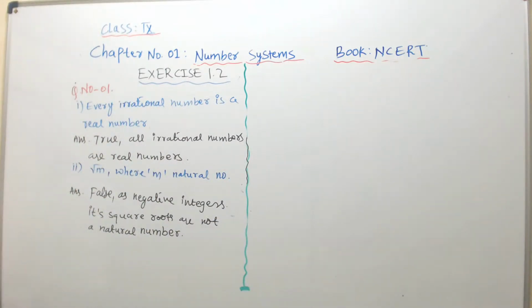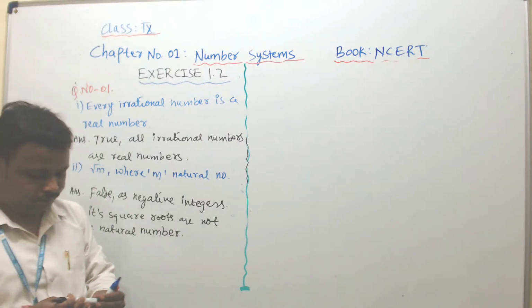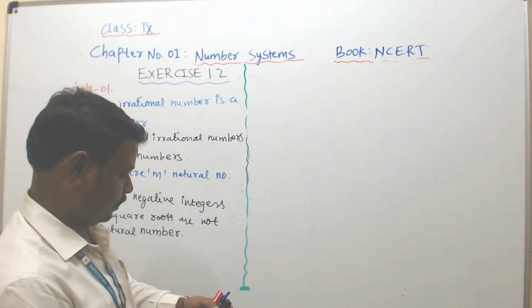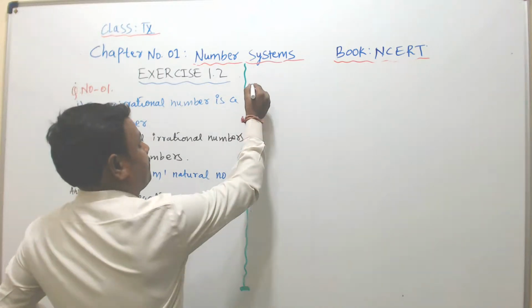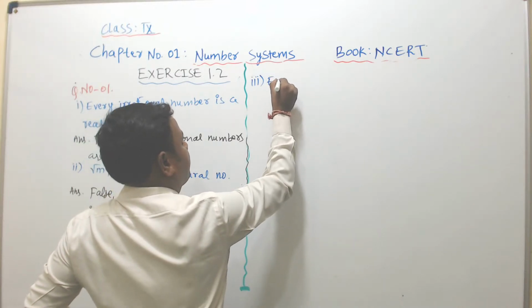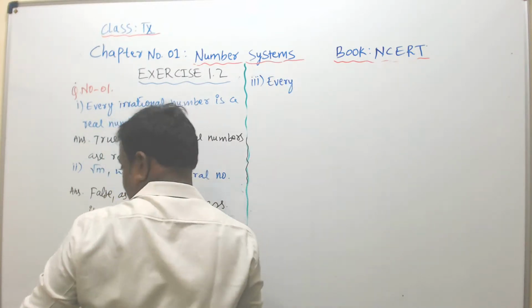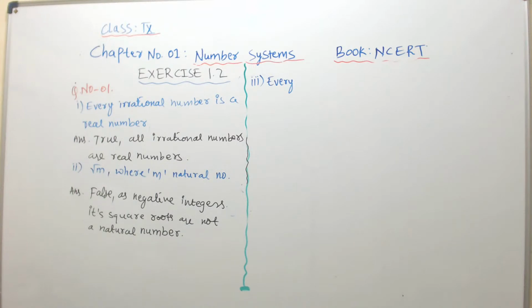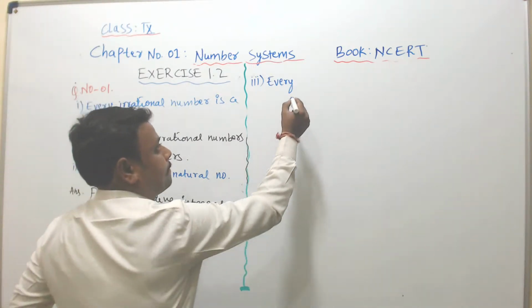The third question: Every real number is an irrational number.